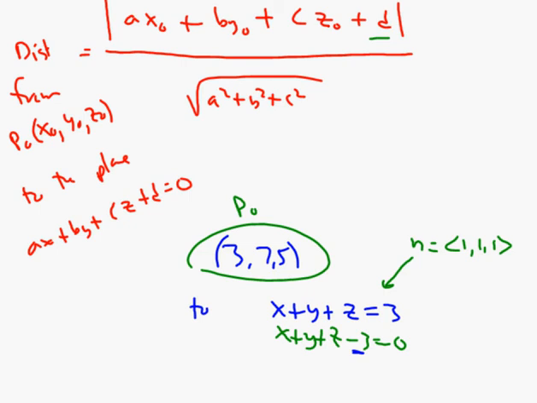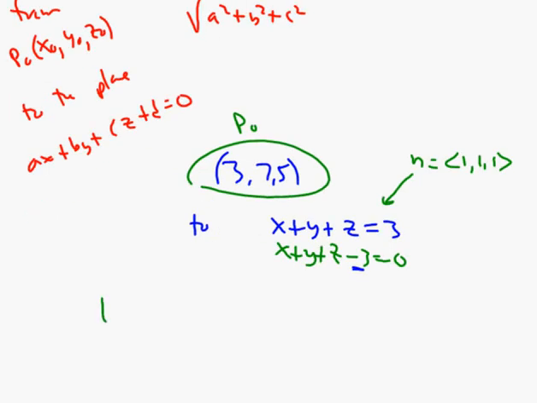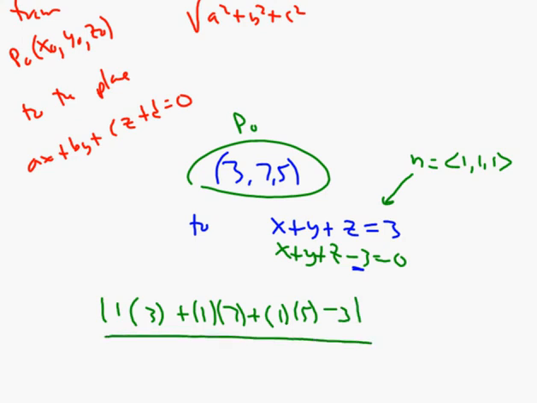And now we're ready. We're going to sub everything in. So it's going to be 1 times 3 plus 1 times 7 plus 1 times 5 minus 3, absolute value, over the norm of the normal vector, but that's going to be the square root of 1 squared plus 1 squared plus 1 squared, or square root 3.